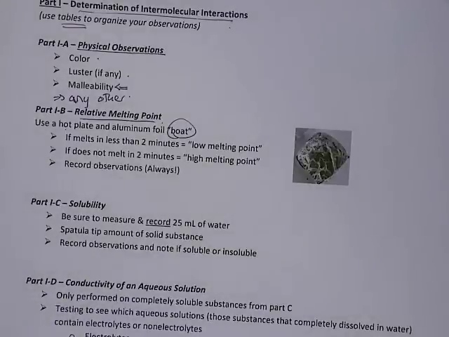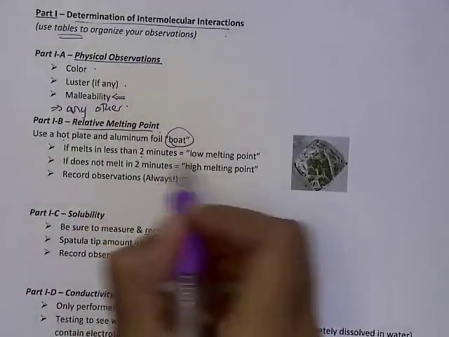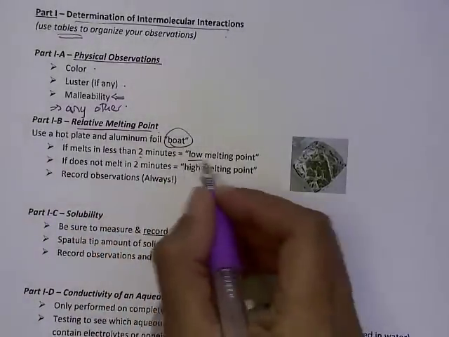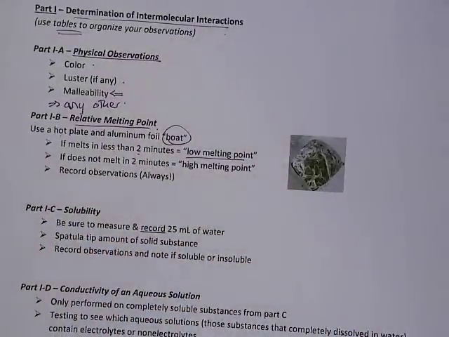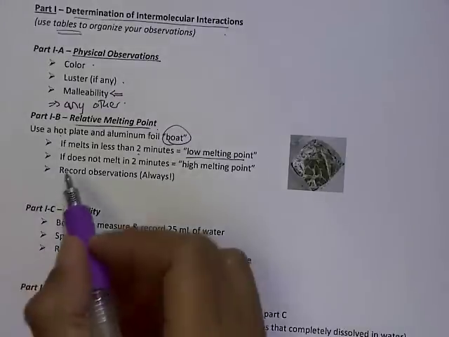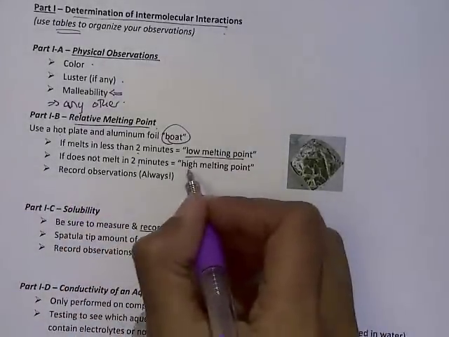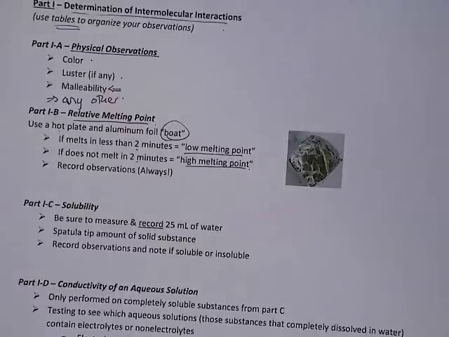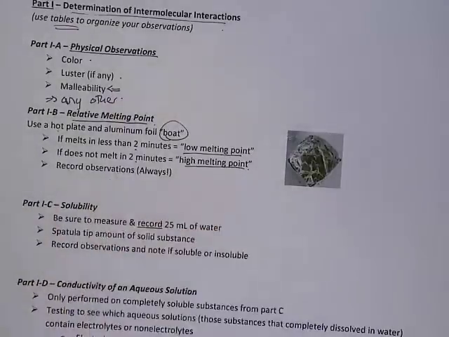And you're going to put a little tiny spatula scoop of your compound in your boat. If it melts in less than 2 minutes, we're going to describe this as low melting point. So again, we're not looking for exact numbers, we're looking for low or high. If it doesn't melt within 2 minutes, we're going to attribute it to a high melting point. And as always, I want you to record your observations.